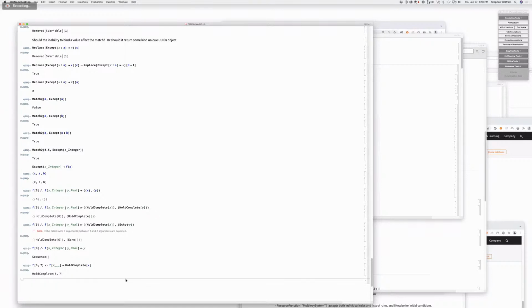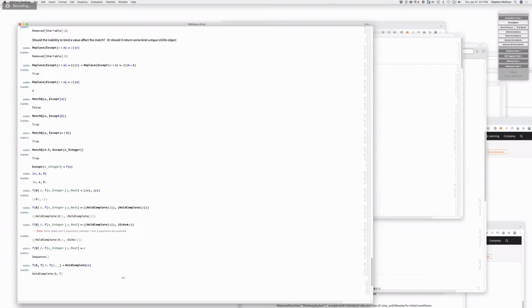Another argument to have Sequence make sense: if you draw parallels between patterns and logic, Sequence is like false, where your blank is like true because everything can match it, and nothing can match Sequence, and also Except. Except of underscore.